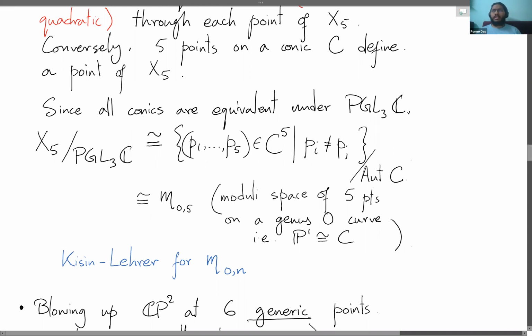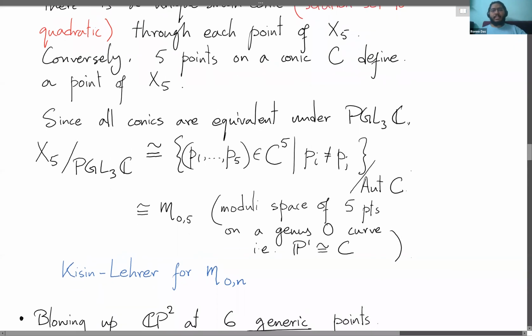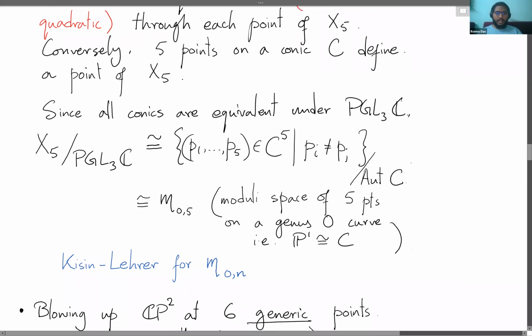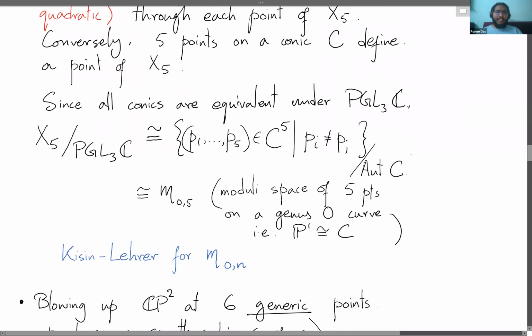So this is also sometimes denoted M05. Like I said, X5 was computed before, and it was essentially M05. Kisin and Lehrer have this paper from, I believe, 2014, where they compute the cohomology of M0n for all n, essentially using the same methods as us. Okay, so that was X5 specifically.